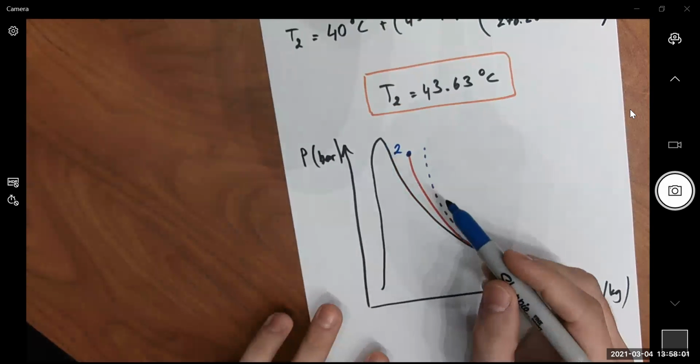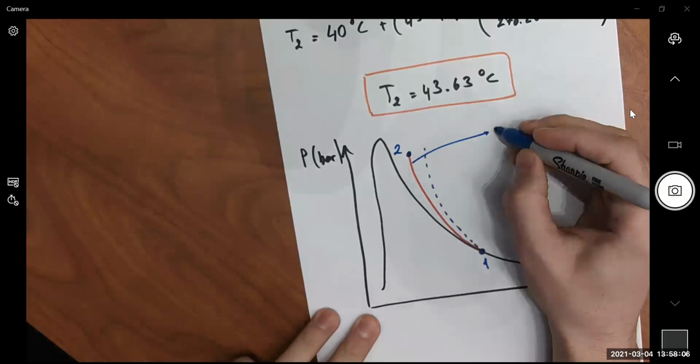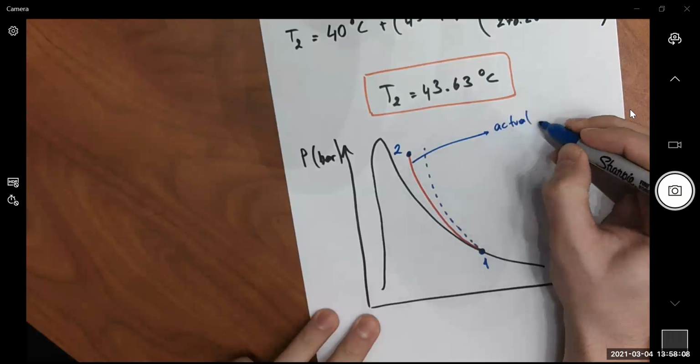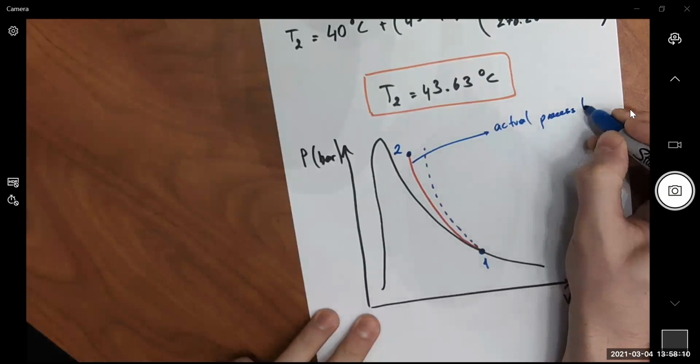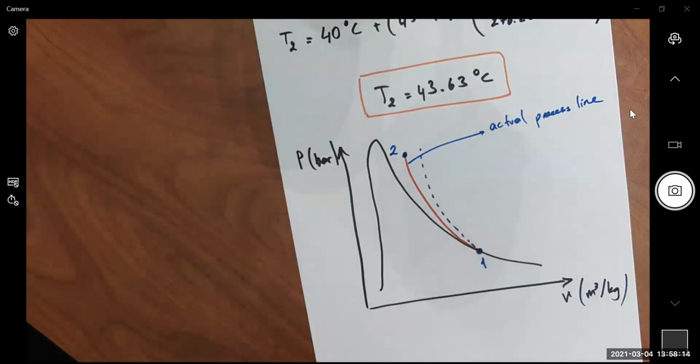And the actual process line is off it. So this system is not adiabatic, meaning that I have losses, right? Less efficient. So I will be off that line. Okay?